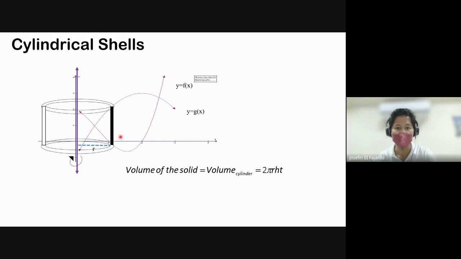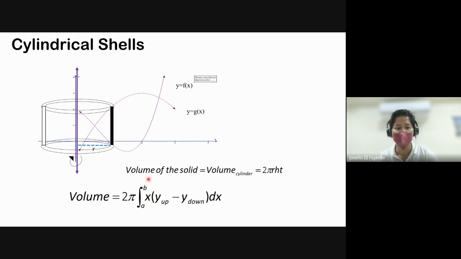And the thickness will be based on our element of area again. Because it is vertical, the thickness we will use is dx. And this x comes from the distance of these two, that r. Again, we are assuming here that our axis is the y-axis.